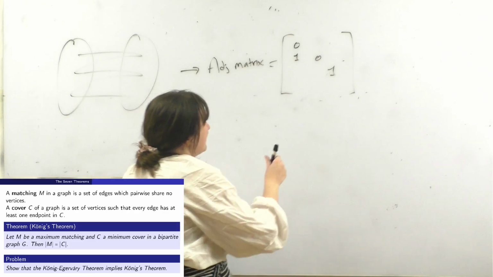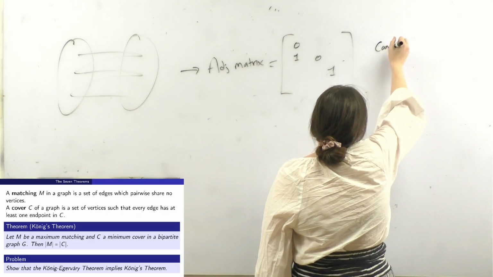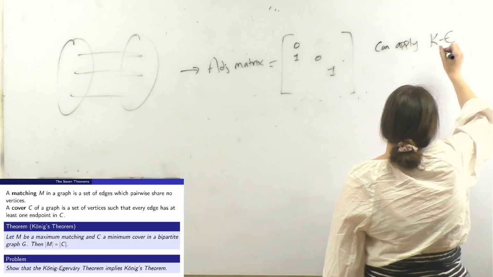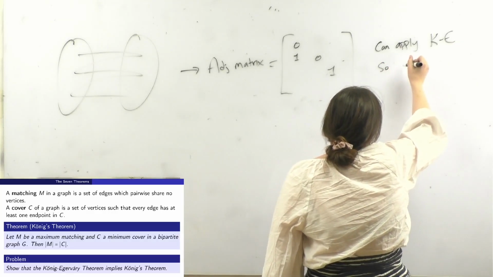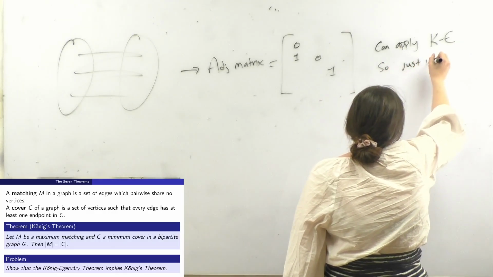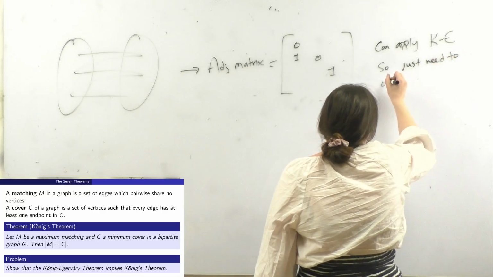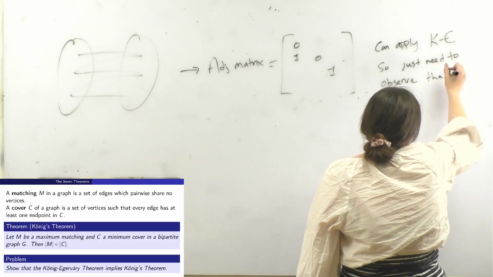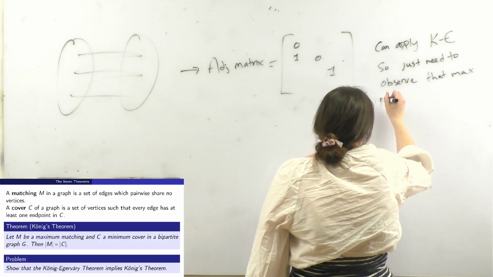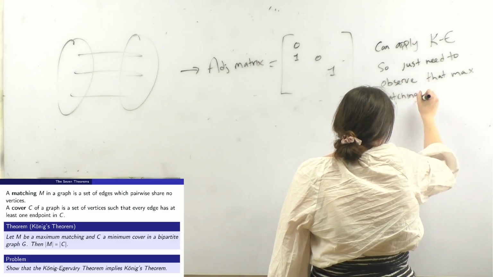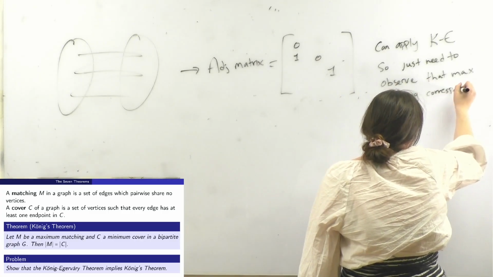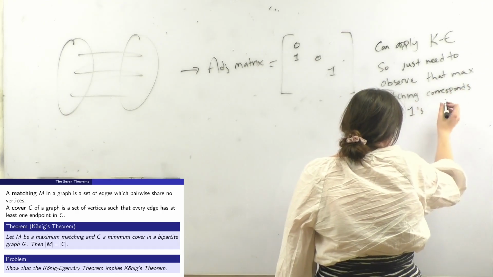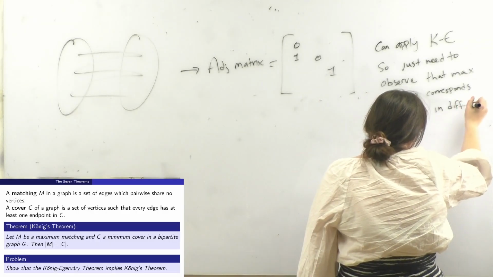Okay, so we can apply the Koenig-Egerváry theorem. So just need to observe that a max matching corresponds to 1s in different rows, columns.